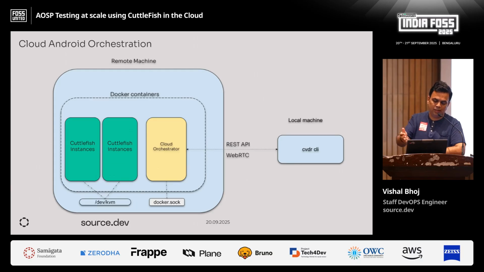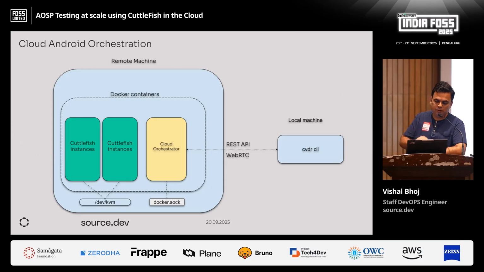On my local machine, I'll have a tool called CVDR, CuttleFish Virtual Device Remote, CLI, and that will talk over REST API to the orchestrator. You can request, I want 10 CuttleFish instances, and it will spawn and manage all those instances remotely for you. And yeah, all the Docker containers will be running on that particular remote machine.